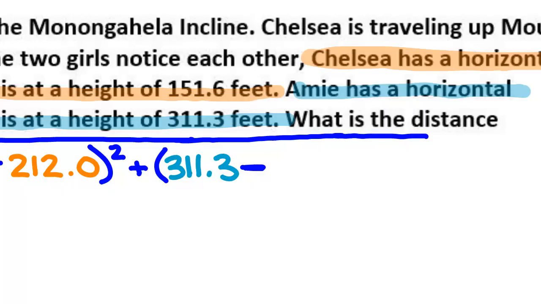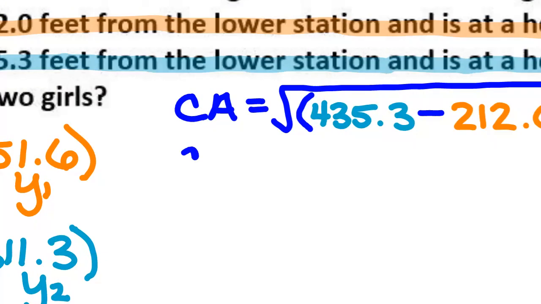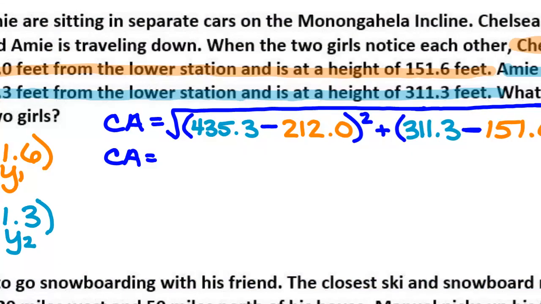Minus what? 151.6. Close the parentheses and square it. Big long square root sign there. All right, so the distance from Chelsea to Amy is equal to, we're going to simplify each of our parentheses underneath the radical before we square them.